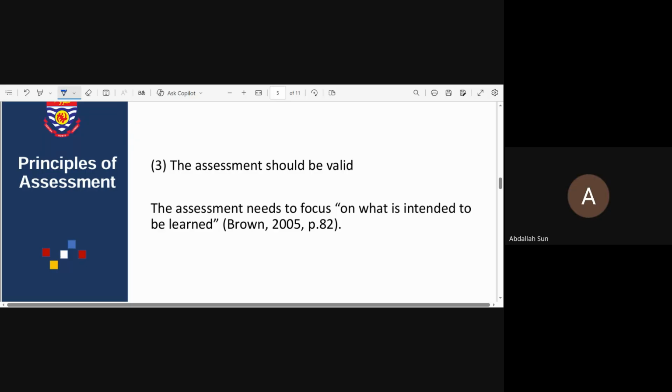This is Abdallah. Go ahead, Abdallah. Yes, I think with this particular point, it is self-explanatory, because as a teacher, you must concentrate on what is intended to be taught and what also is intended to be learned by the learners. You shouldn't go overboard, and you shouldn't go beyond what is supposed to be part of your lesson delivery.